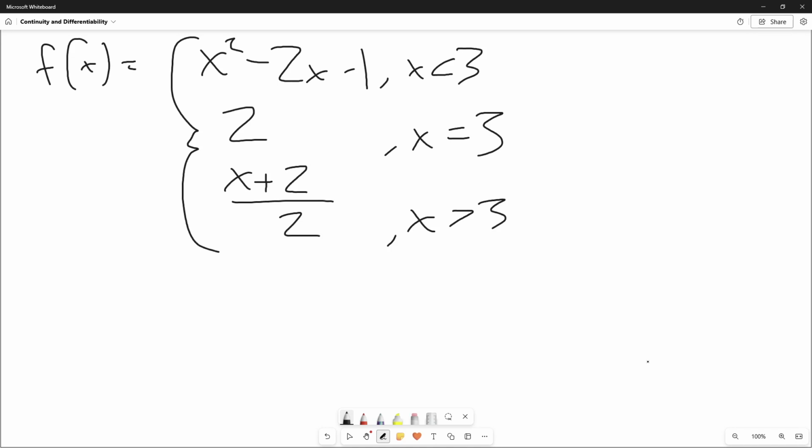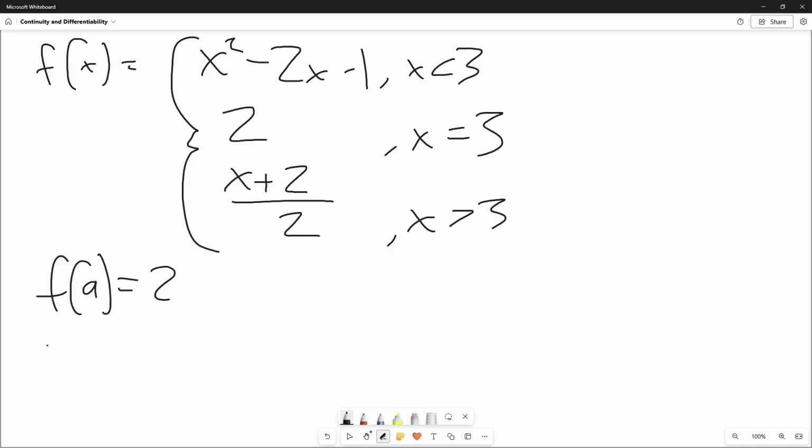But first, we need to find the continuity at x equals 3, because in order for the function to be differentiable, it needs to be continuous. So, as we said, f of a, assuming a is 3 for our case, needs to equal a value, and in this case it is 2, because at x equals 3, f of 3 is 2.